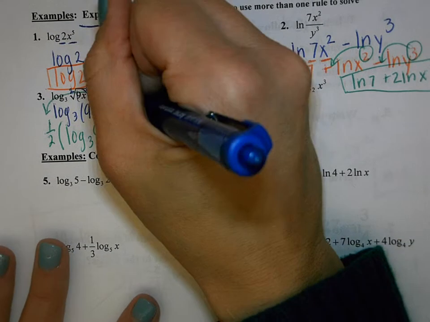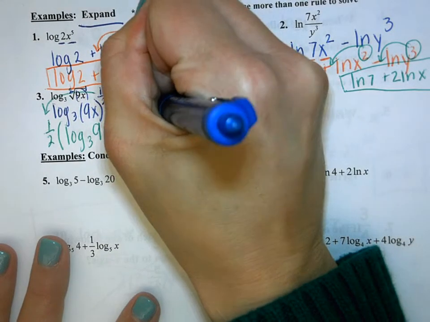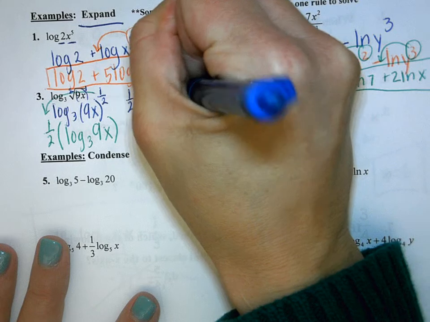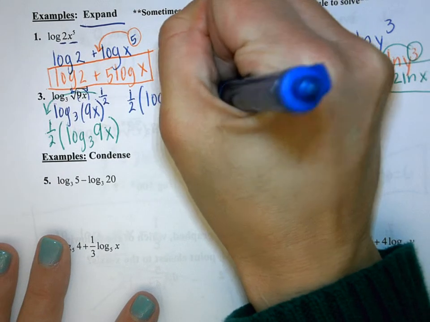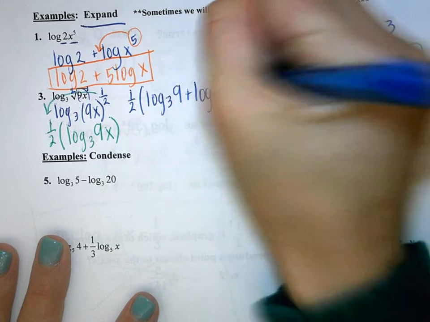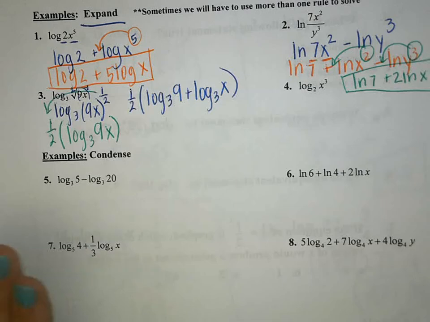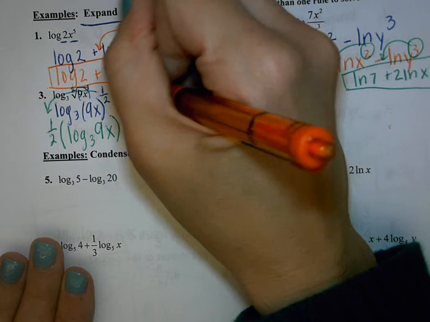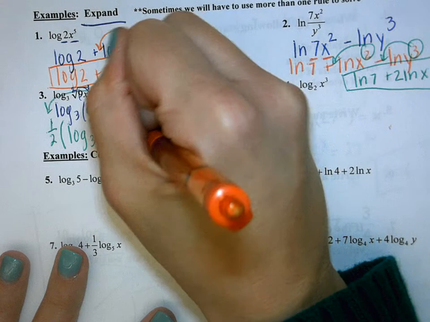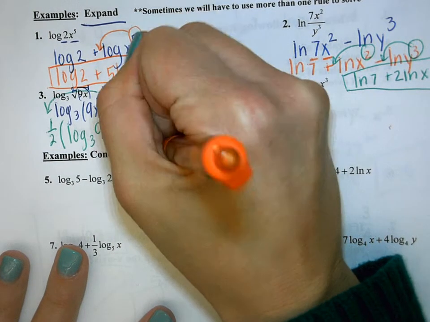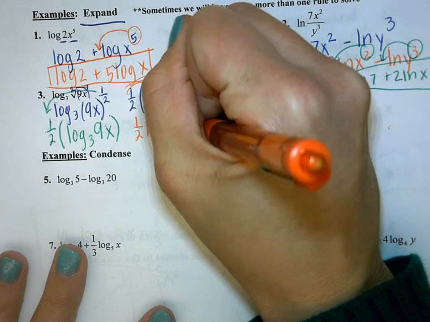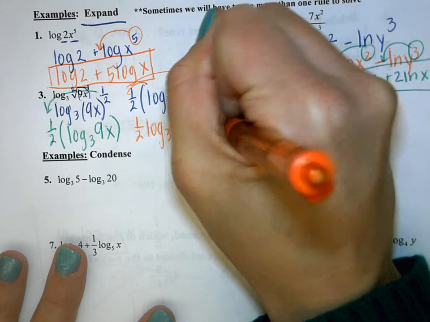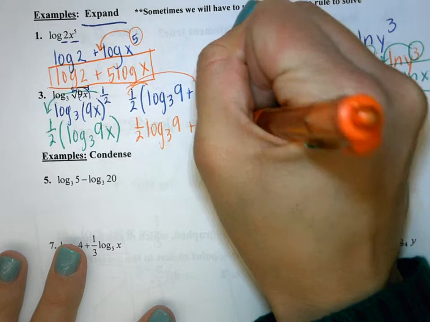So we would have 1/2 and then log base 3 of 9 plus log base 3 of x. And then we'd go ahead and get rid of those parentheses, and so I'd multiply 1/2 through here, and I'd end up with 1/2 log base 3 of 9 plus 1/2 log base 3 of x.